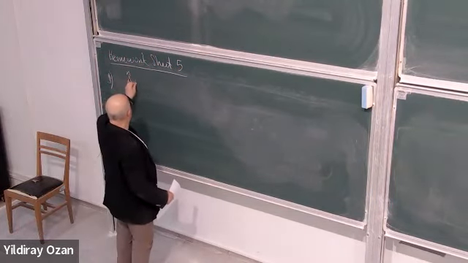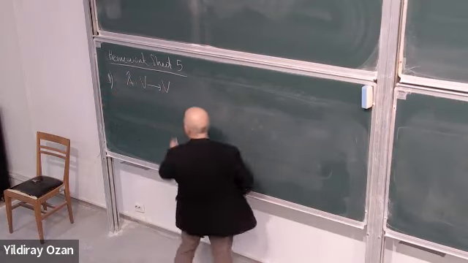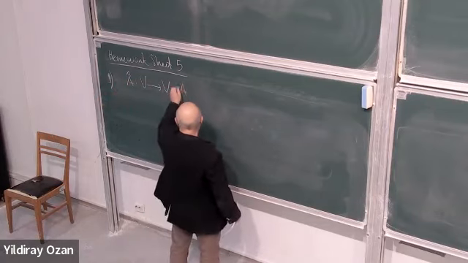So we have a linear operator, and we are given that A is diagonalizable.